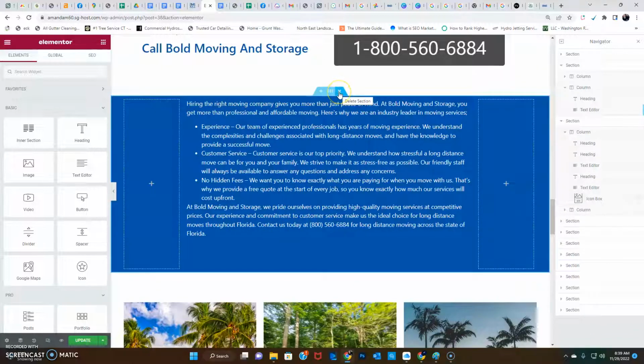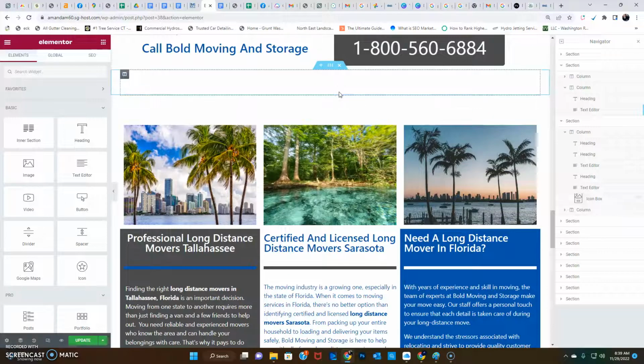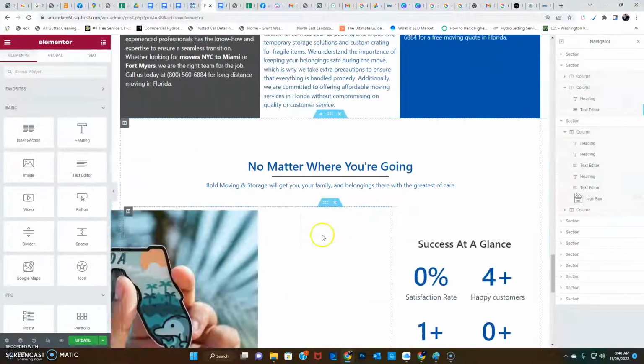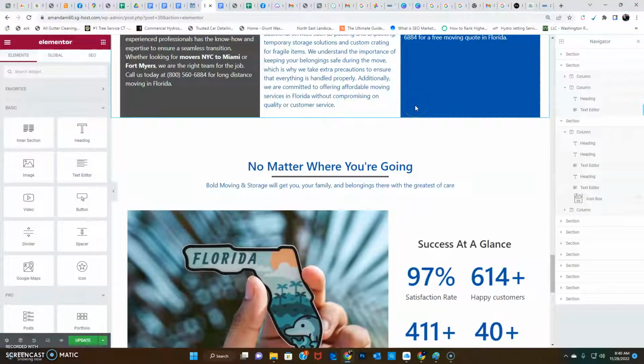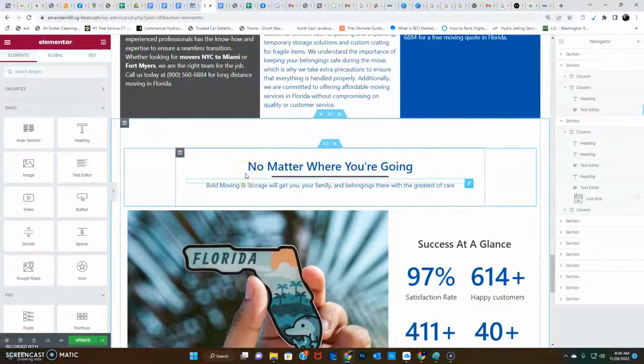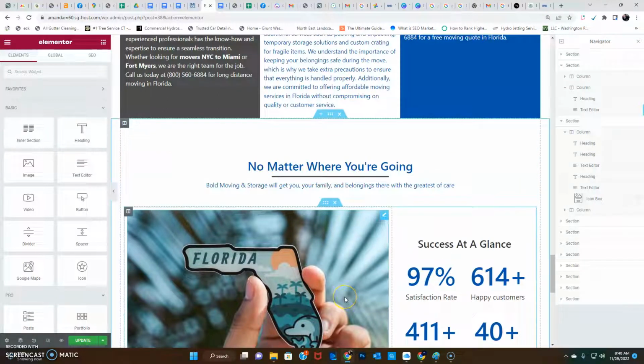We don't need any of this. We don't need any of this essentially either. And then down here, it's okay to keep stuff that's specifically sending a message. It's okay to keep it the same.